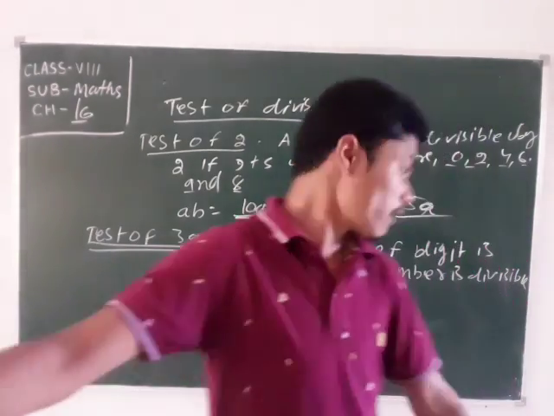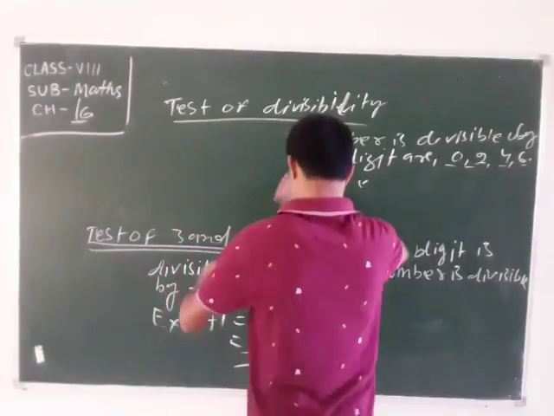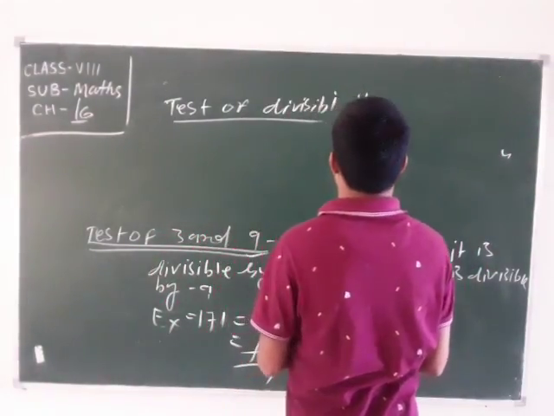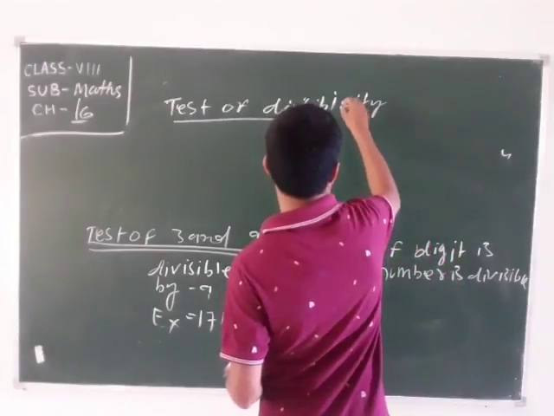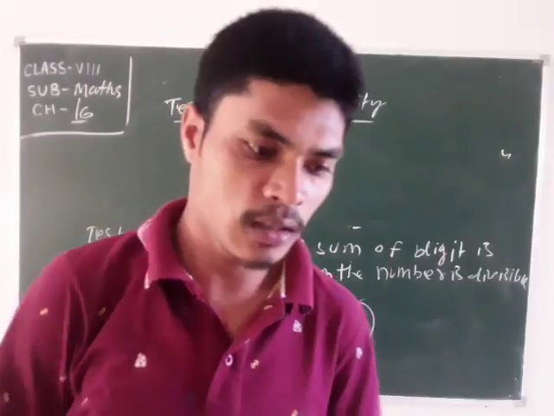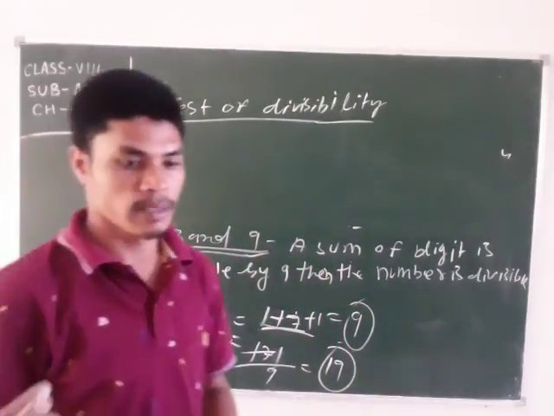Clear about it? Now you know about divisibility by 9. How can we say a number is divisible by 3?